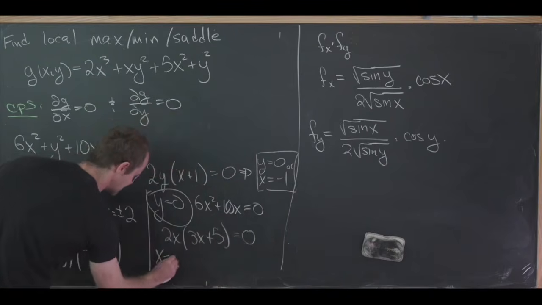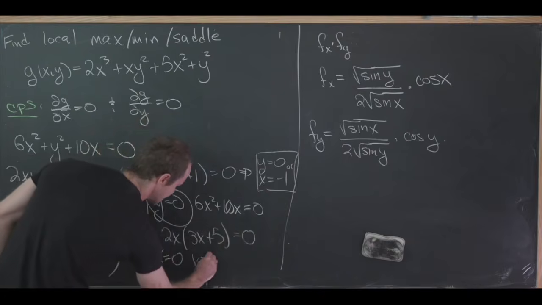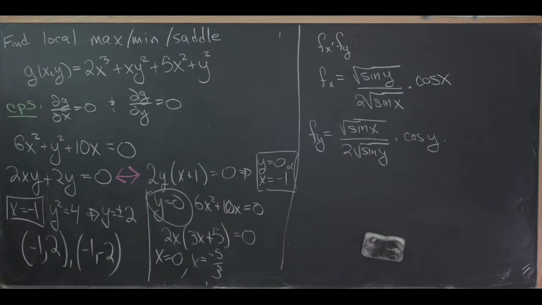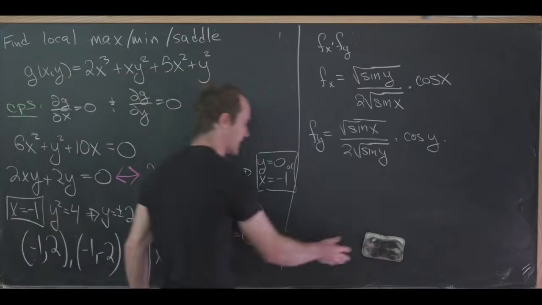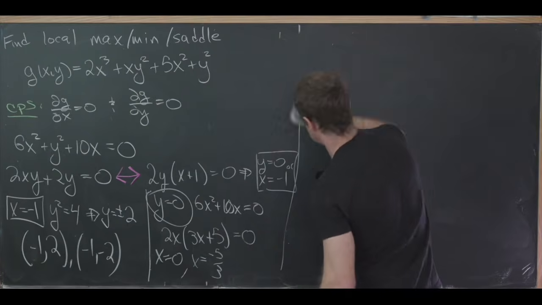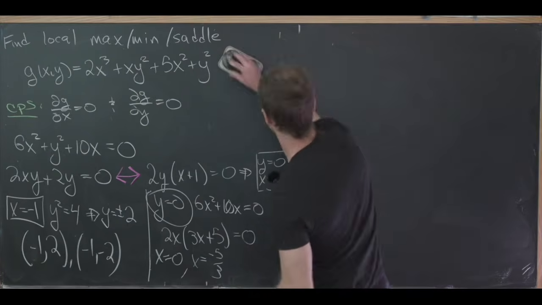That means we get x equals 0 or x equals -5 over 3. That's kind of gnarly because it's -5 over 3, but that's okay. So that gives us 2 more: x equals 0, y equals 0, and x equals -5/3, y equals 0. Okay, so let's test with the second derivative test.